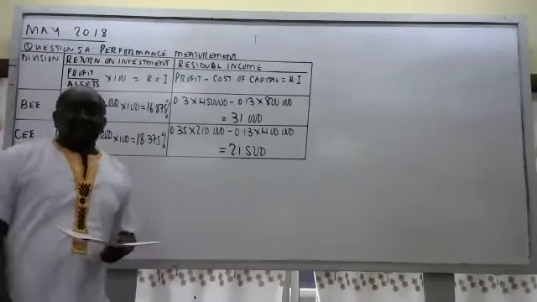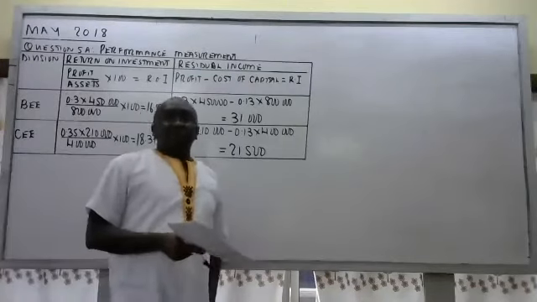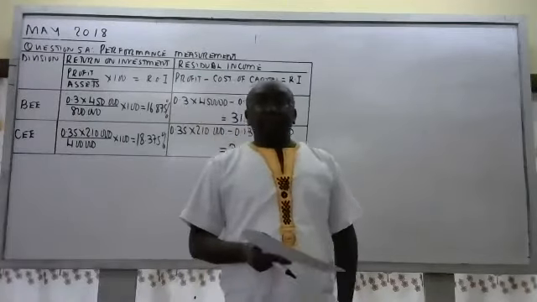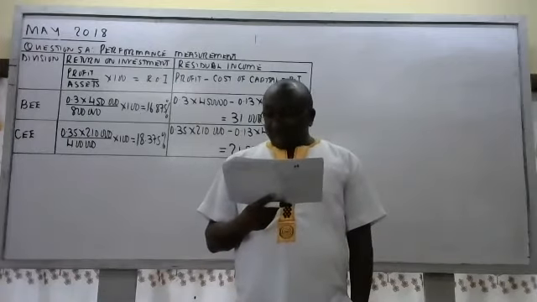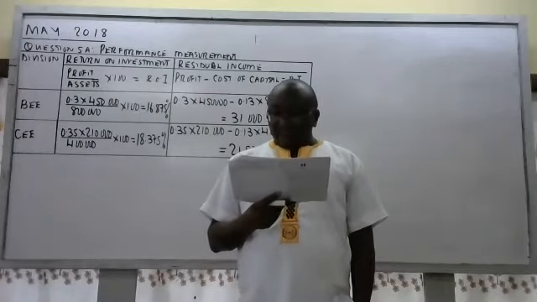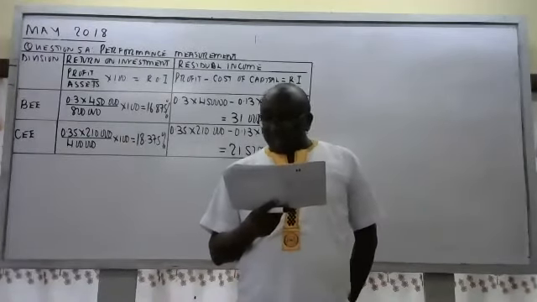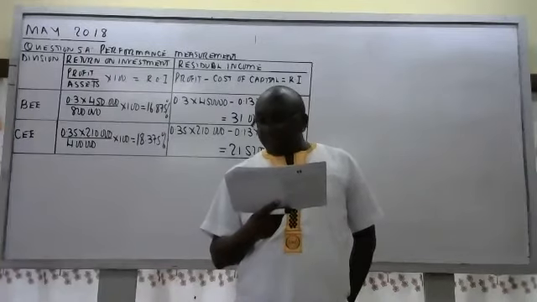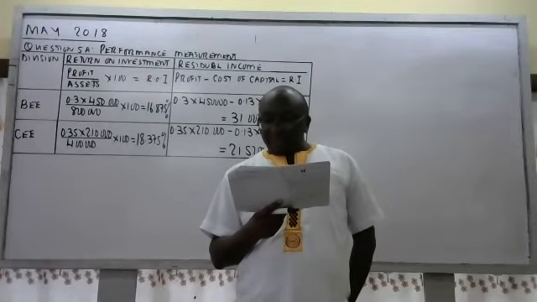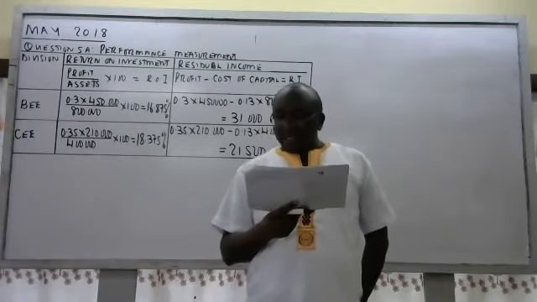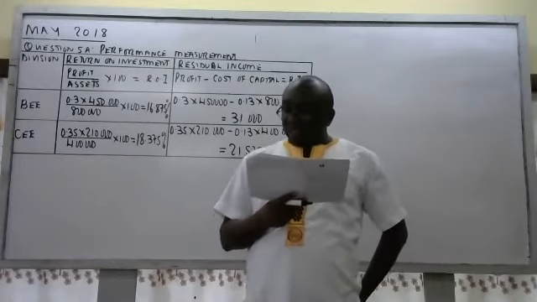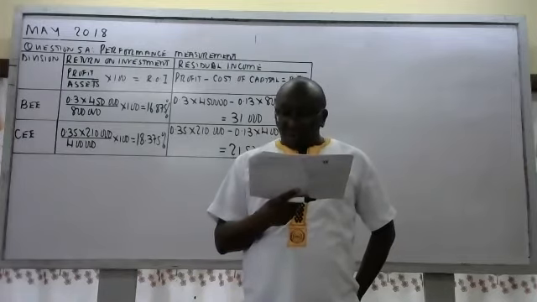Yeah, so hiyo tumemaliza namna hiyo. Let's quickly look at part B. TechServe Limited has several independent divisions. The company's tube division manufactures the picture tube used in television sets. The tube division's income statement for the year ended 1st of March 2018, in which 8,000 tubes were sold, is given below.